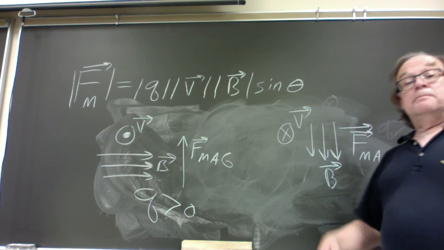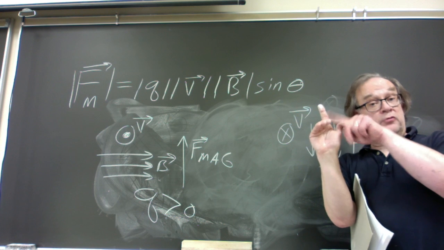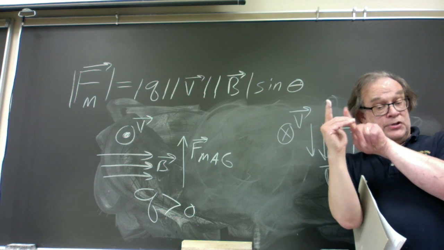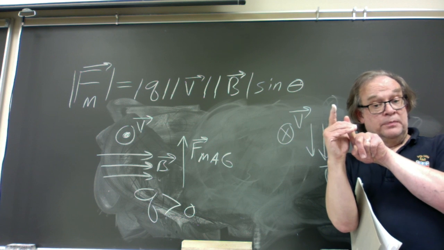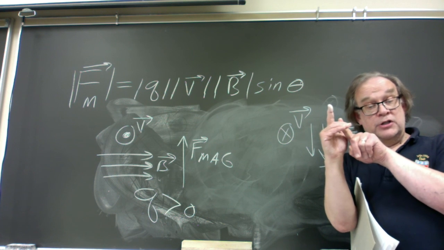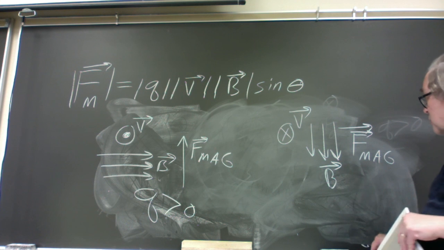Okay. Again, use the right-hand rule, see what kind of a direction we get for this. This will tell us the direction of the force on a positive charge, and then we'll see if this direction is the same or opposite to the direction of the actual force.